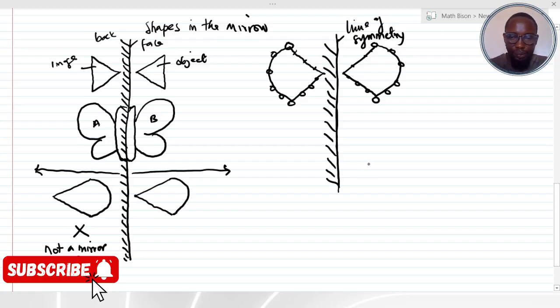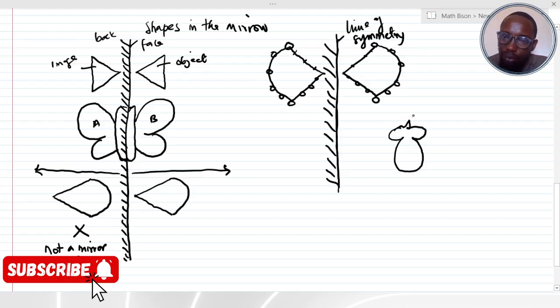Now, we can have shapes like this, and you're just asked to find mirror images. If I draw a shape like this, and I say, what's the mirror image of this shape?